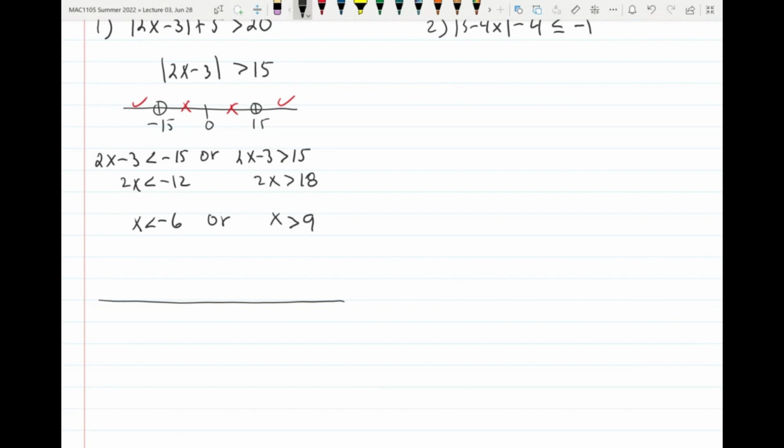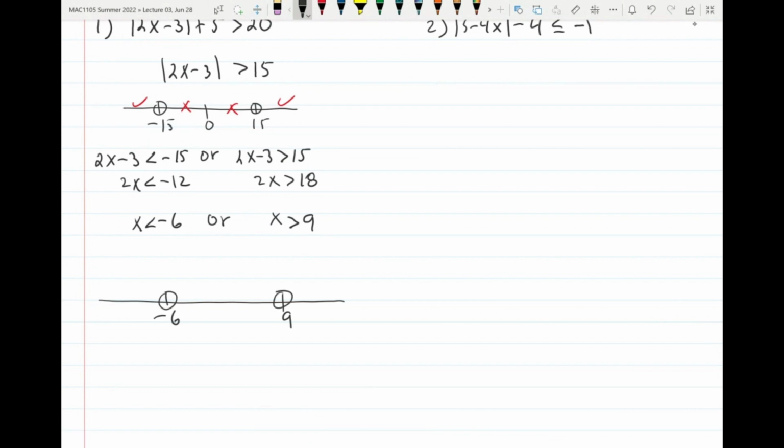Even though I'm not asking, if I don't ask you for the graphical representation, you should do it, because the picture is the one that will tell you how to write the interval notation. So it's good practice to draw the picture all the time. So it's negative 6, here is 9. Should I include negative 6? No. Should I include 9? No.